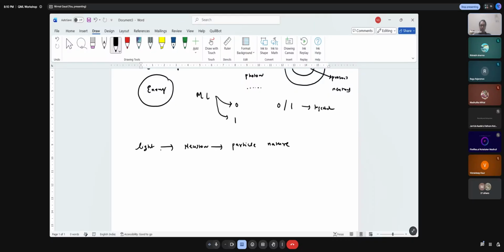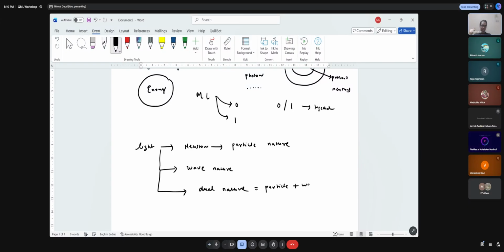There was one more theory where wave nature was shown. Therefore, the scientists said that light has a dual nature. That means it can behave as a particle, and it can behave as a wave. Both are possible with light.